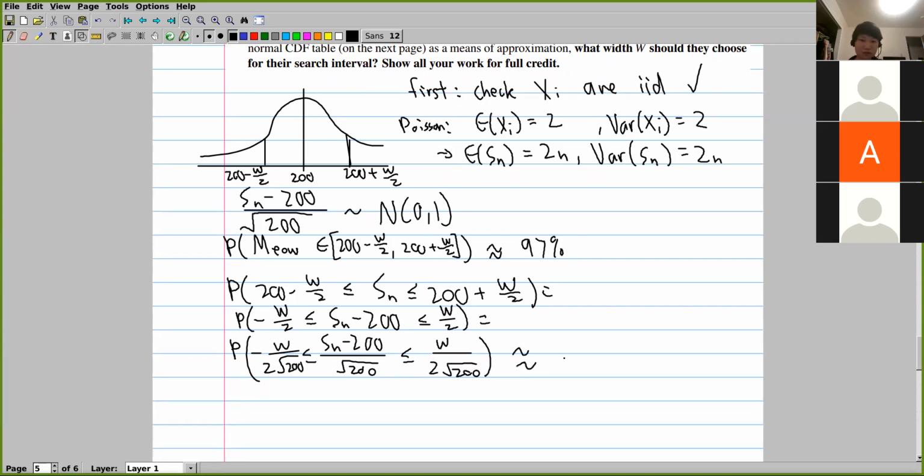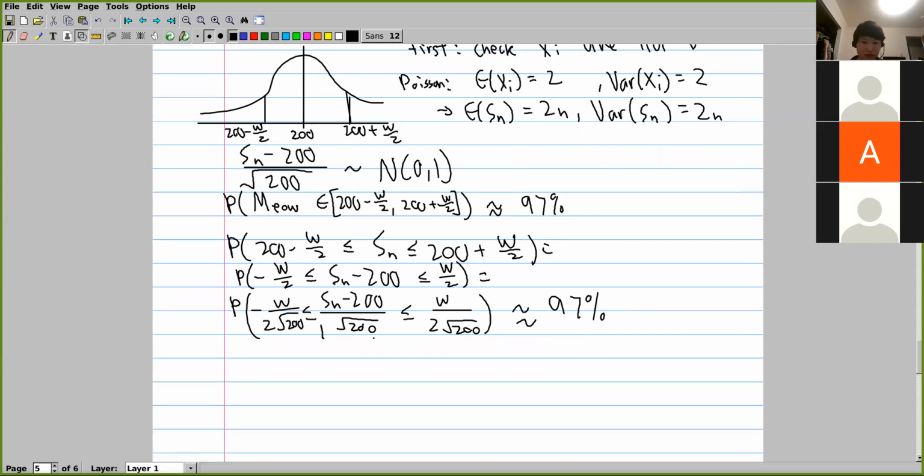And I want this to be roughly 97%. So now that this middle thing is roughly normal of 0 and 1, we can again use CDF manipulations to eventually get to this.